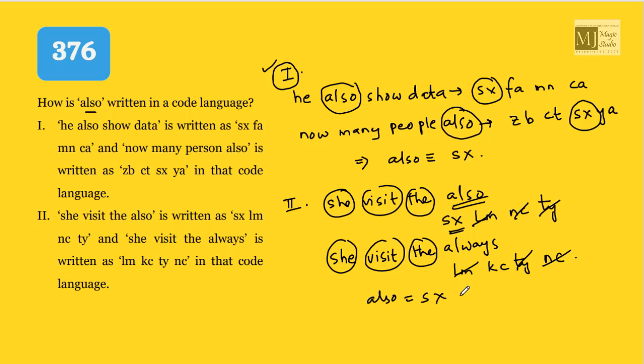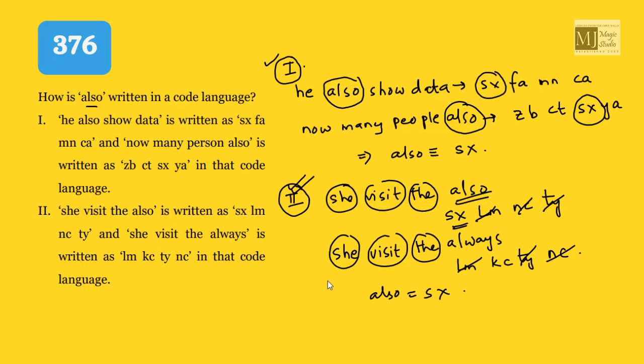Also is Sx. That means I can get the answer with statement 2 alone also. That means either of the two statements alone is sufficient to give me the answer. Now we can see that statement 1 and statement 2 both alone are sufficient to answer this question. Option D fits in.